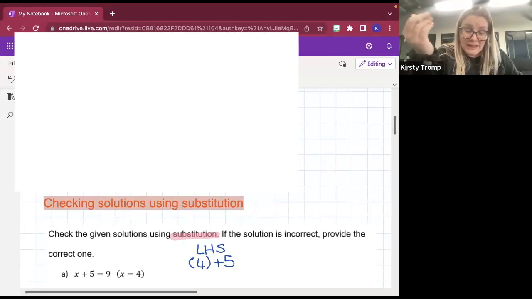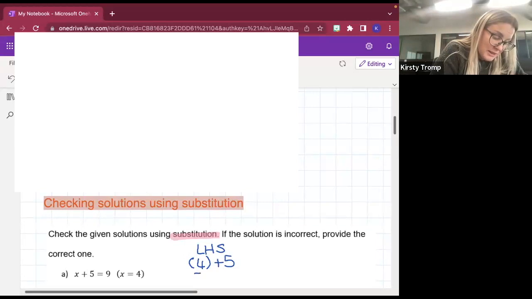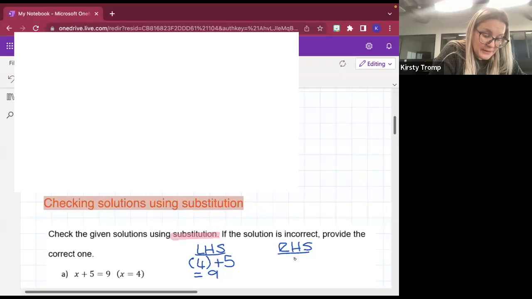So 4 plus 5, what will 4 plus 5 give me? It'll give me 9. On the right hand side also gives me 9. So it says here, if the solution is incorrect, provide the correct one. But this time, the solution is correct. So we're happy, we're moving on.